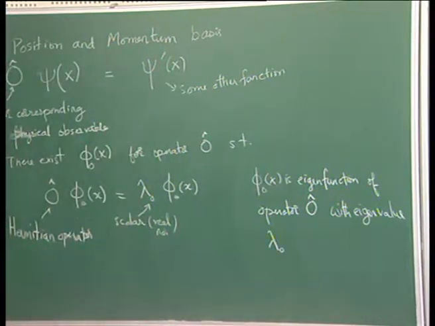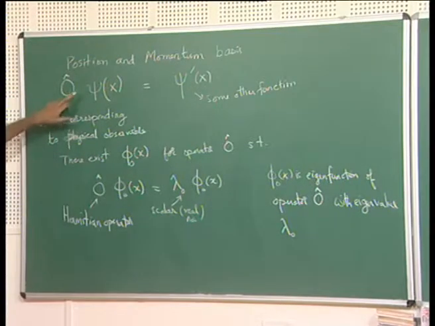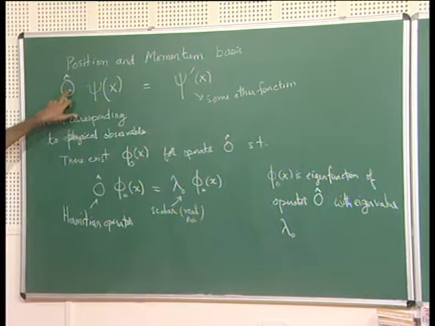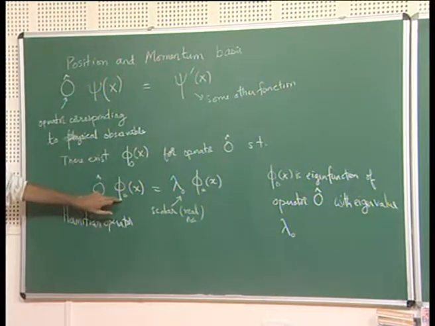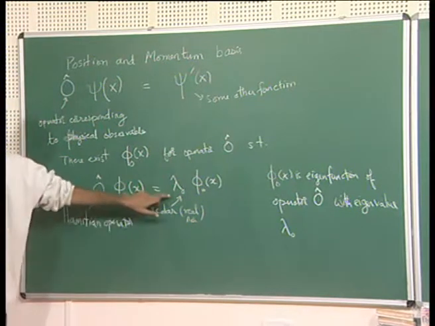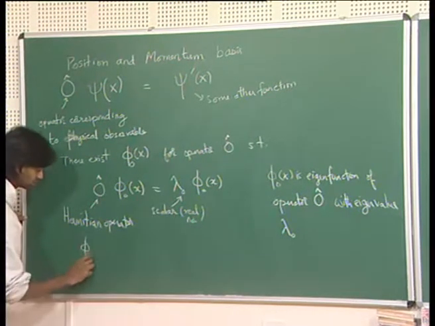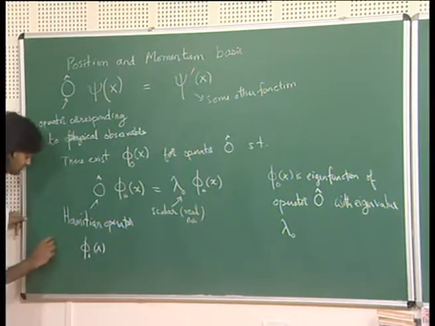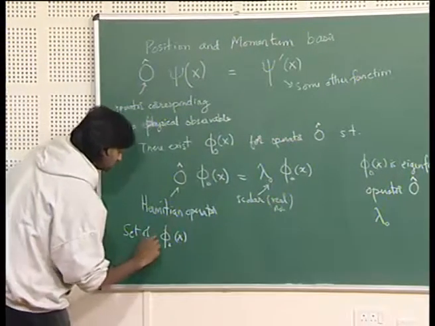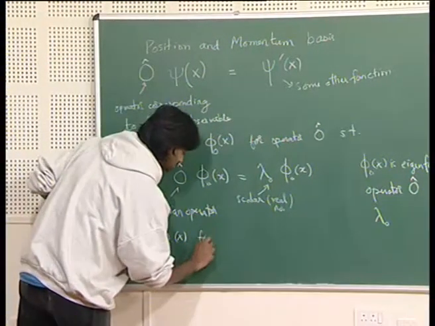So, one of the postulates of quantum mechanics is that corresponding to every physical observable there exists an operator, and this operator has eigenfunctions and eigenvalues. The eigenvalues are real, and furthermore these eigenfunctions form a basis. So, the set of phi O of x forms a basis.